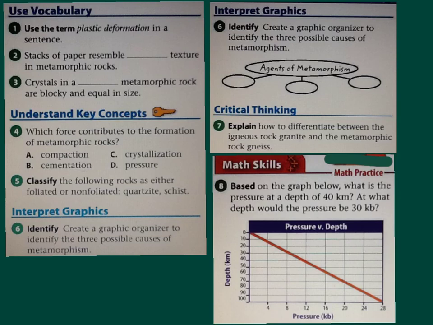I would like for you to do question number 1, questions 2 and 3, question 4, question 6, and I also want you to do the mathematics question, which is question 8. Questions 1, 2, 3, and 4, question 6 and question 8. Make sure you're putting all of that in your science journal so we can go through it.